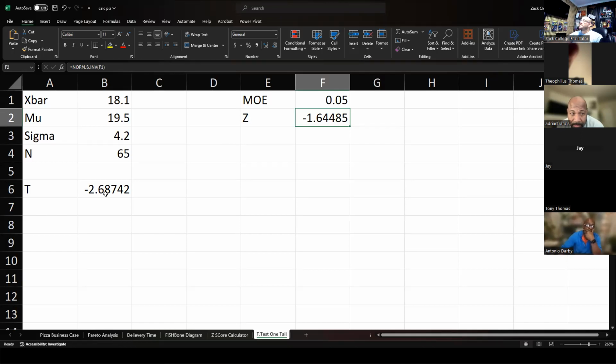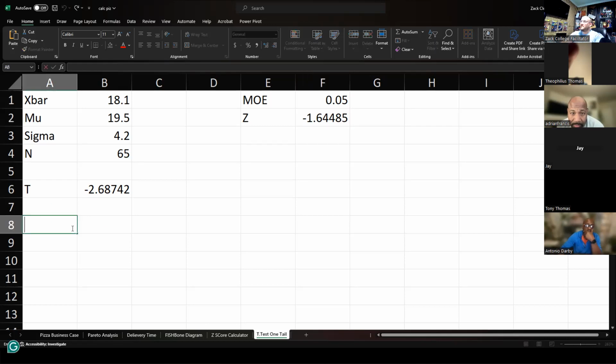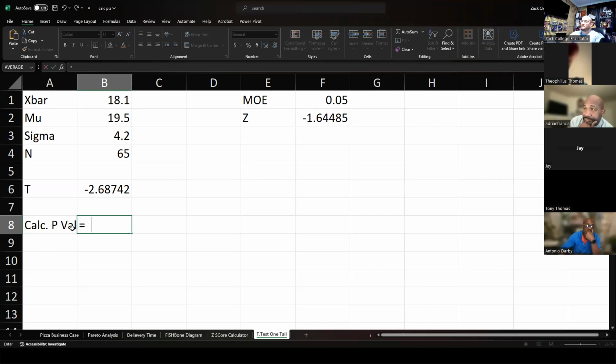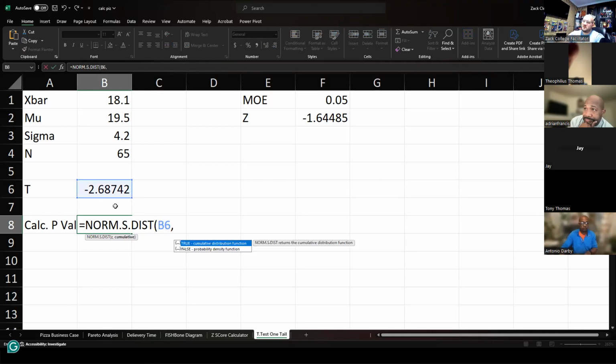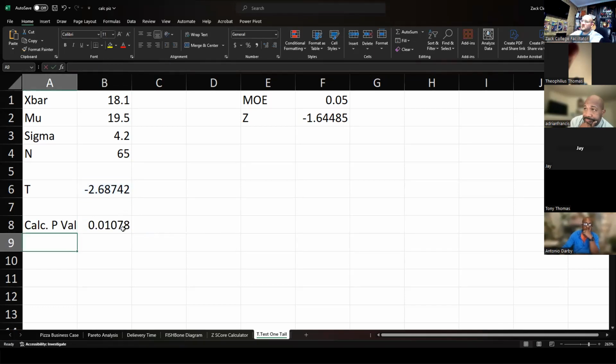We can look at it as a p-value as well if we wanted to, a calculated p-value, by doing NORM.S.DIST, and then this would just be false because it is not cumulative.